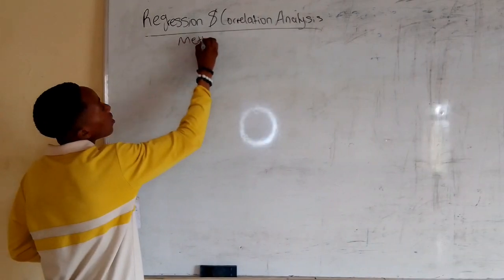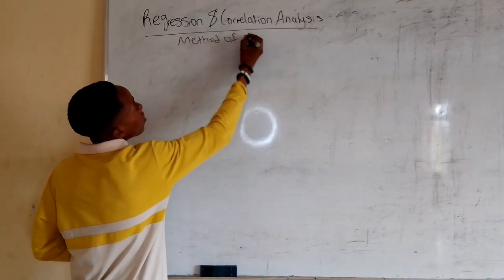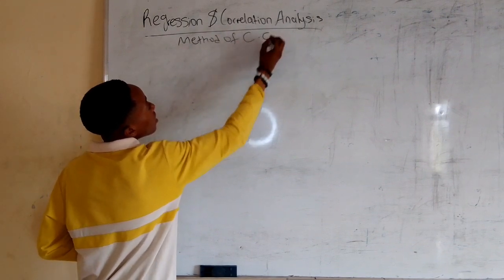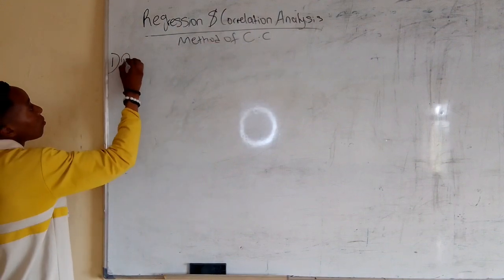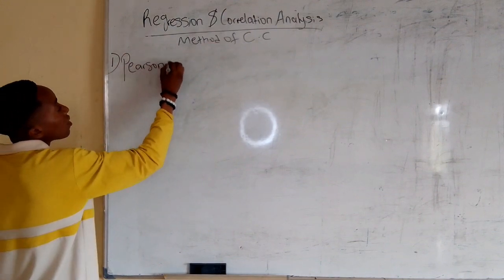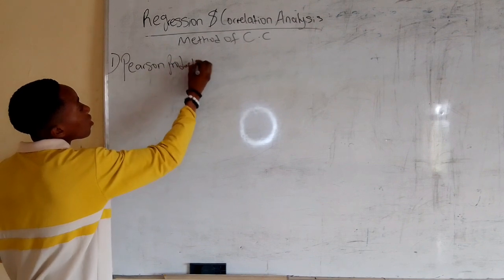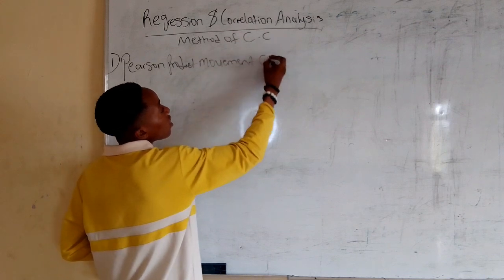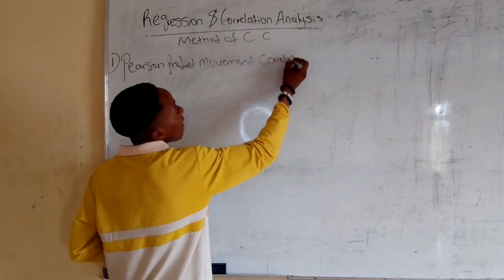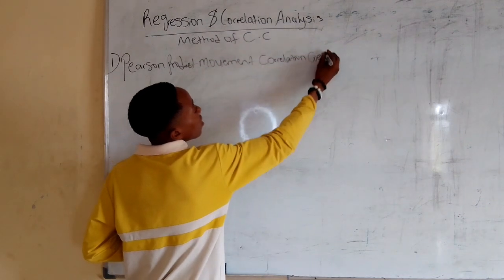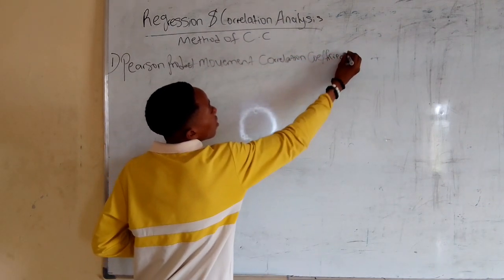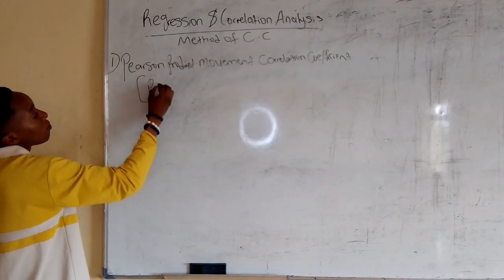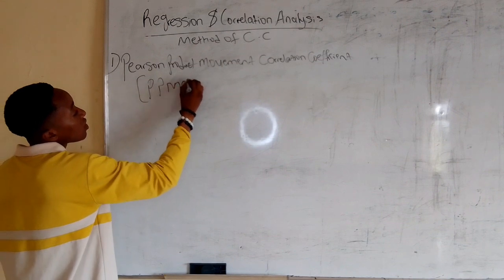Methods of correlation coefficients. Pearson's product moment correlation coefficient, PPMCC.